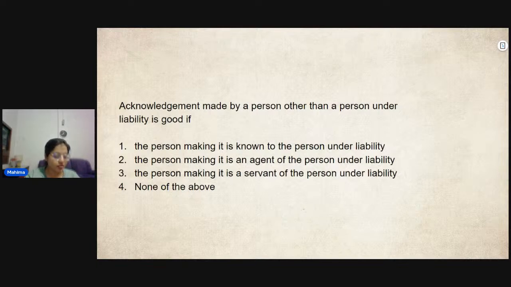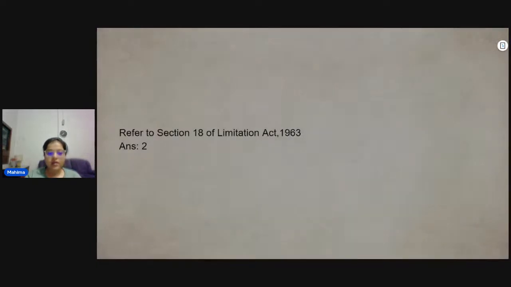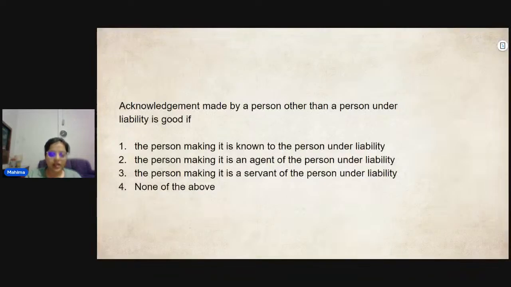Everyone is saying option B. Yes, it is under Section 18, and it is good if the person is an agent, not a servant, nor merely known. It is the agent.